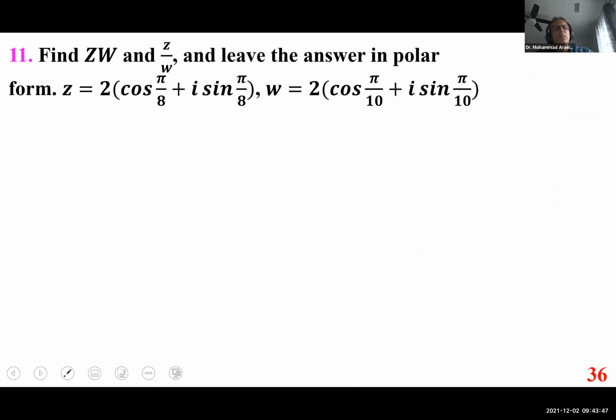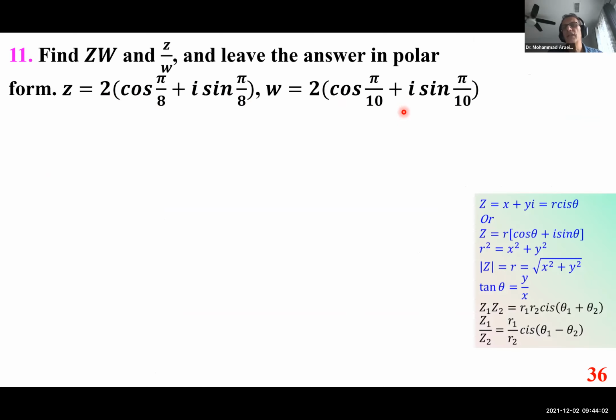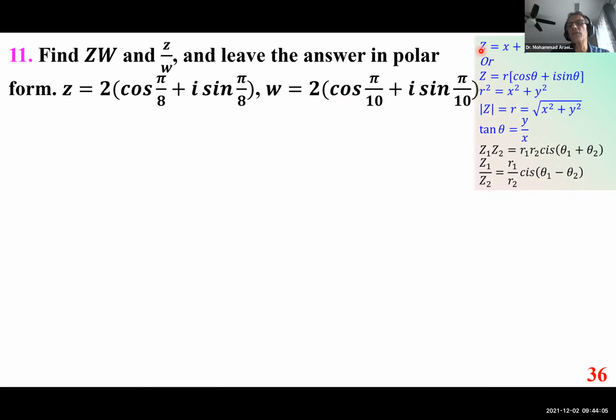Find z times w and z divided by w, and leave the answer in polar form. z and w are given. Well, let's remind everybody how we do the math. First of all, z is r cis theta. If you're multiplying two complex numbers, multiply their sizes, r sub 1 and r sub 2, and then cis of theta 1 plus theta 2.